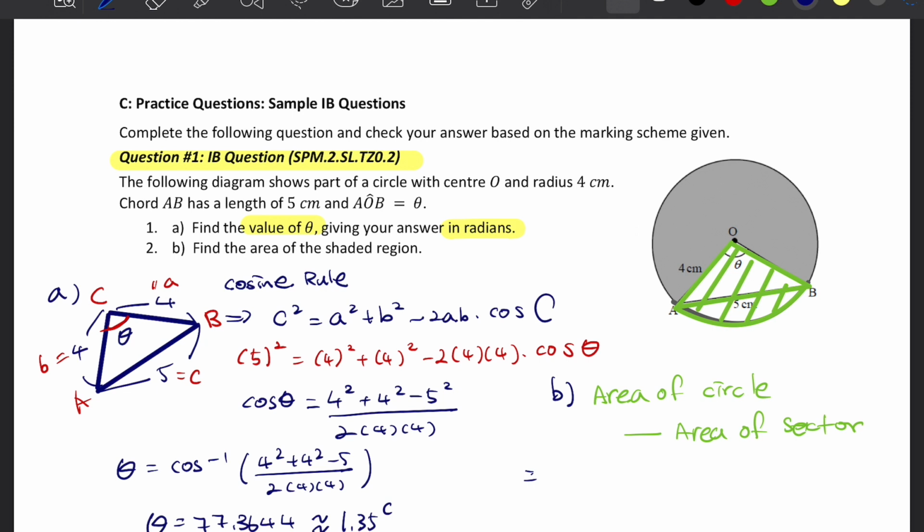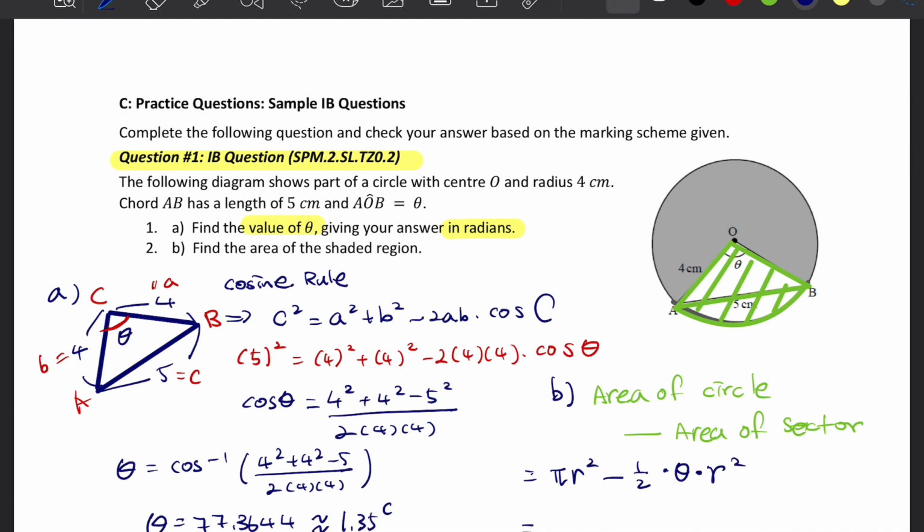So we're going to do the area of the circle first, which means pi r squared, minus the area of the sector, which is 1/2 times angle times r squared.